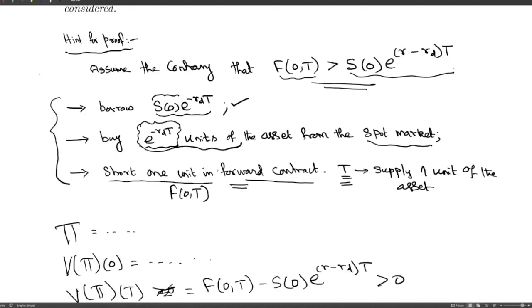And here you have to prove that this is 0, and thereby you will get an arbitrage portfolio. Similarly, if this inequality is reversed, like less than, then you have to just try to reverse this strategy and build an arbitrage portfolio. I leave it to you to complete this proof.